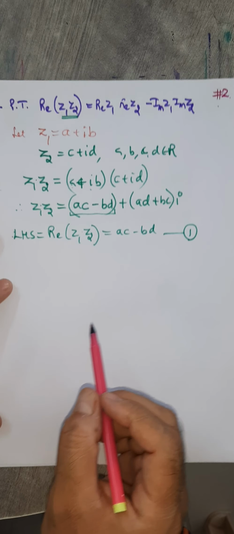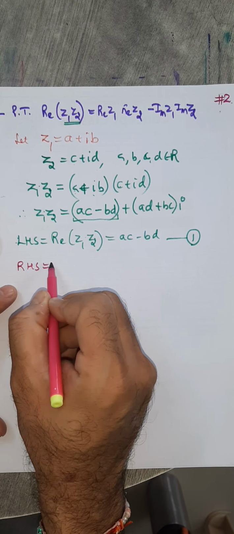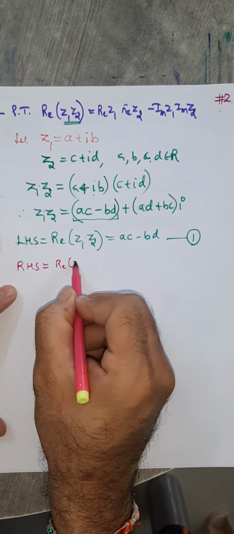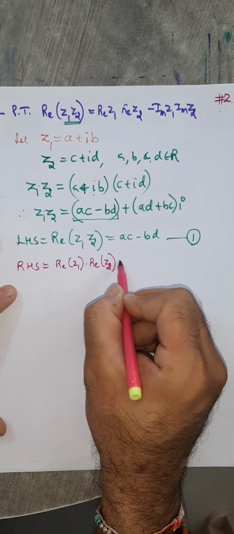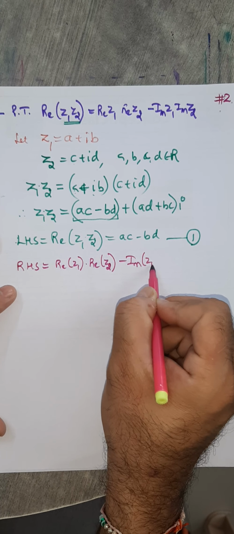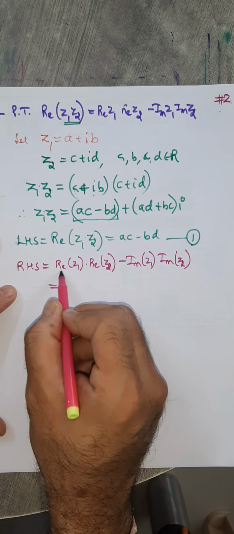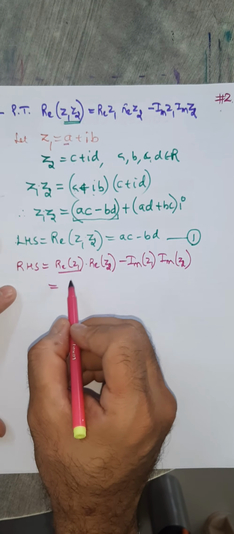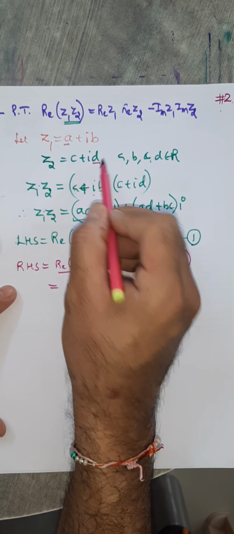Okay. Now, what about RHS? Look at it, RHS. So RHS is here the real part of z1 into real part of z2 minus imaginary part of z1 into imaginary part of z2. What is real part of z1? That is a.